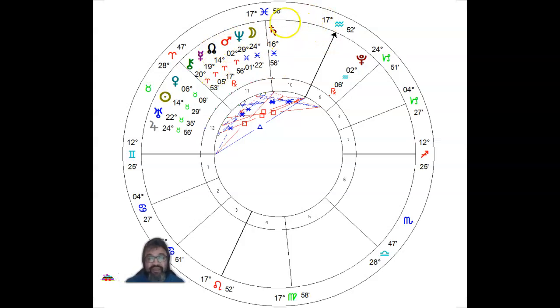Of course, Saturn is stabilizing the 11th house, so that amplifies what takes place there.